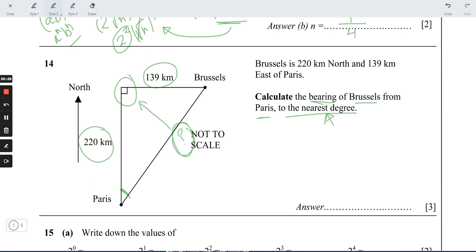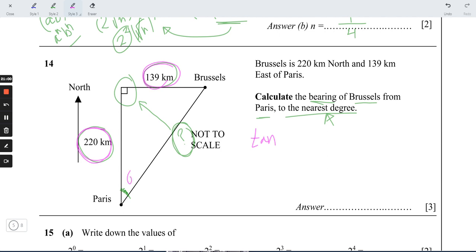The side opposite to this angle we call the opposite side, and the one which is beside it we call the adjacent side. So in this case we need to find a trigonometric function that can join 139 with 220.